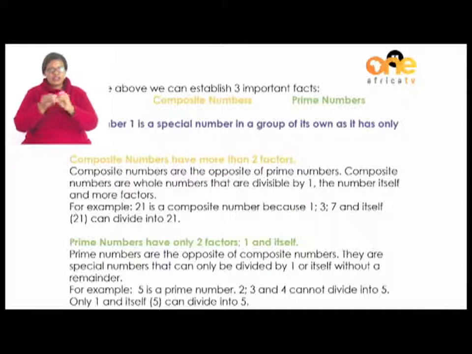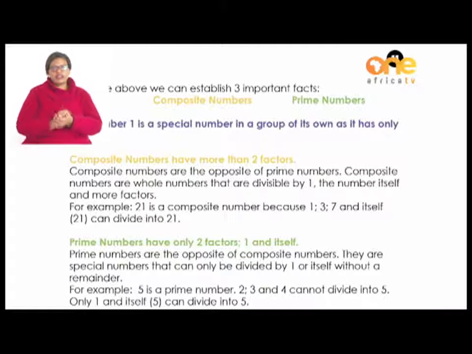For example, 21 is a composite number because 1, 3, 7, and itself can divide into 21. So in simple English, a composite number must have 3 or more factors.